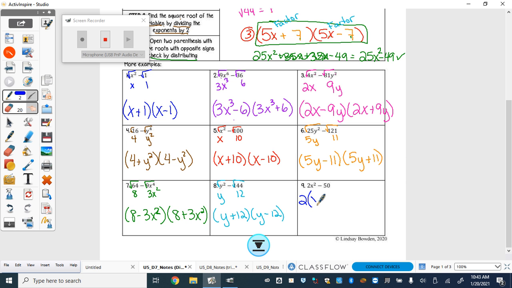So remember, we divide, so that's going to be x squared minus 25. So I divide those first by 2. Now I have two perfect squares. X squared is a perfect square because it's an even exponent. 25 is a perfect square. So I would have x minus 5 and x plus 5 with that 2 out in front. That 2 has to stay there.